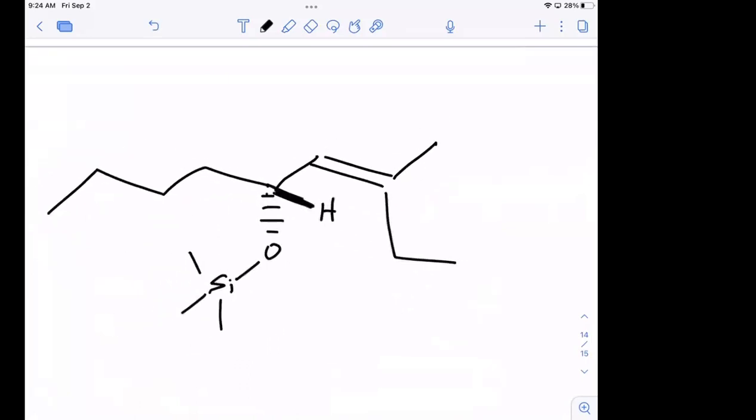Think about it in terms of the H is kind of coming out of the page, and this big group right here is going back into the page. The left. So let's think about it in terms of front and back. So the H is on the front and the other group is on the back. So which door would you come through? The front. The front door, exactly.